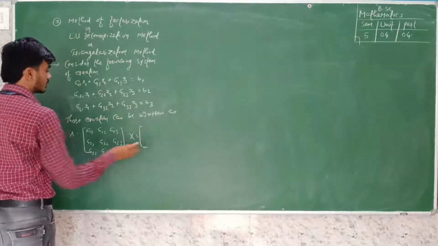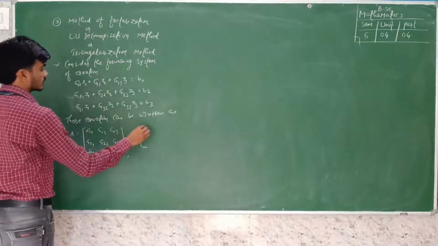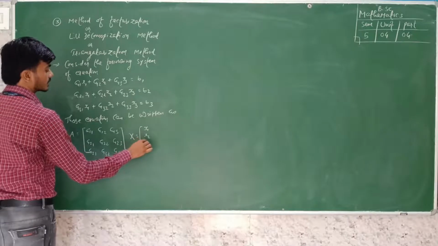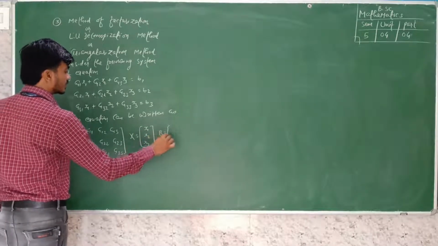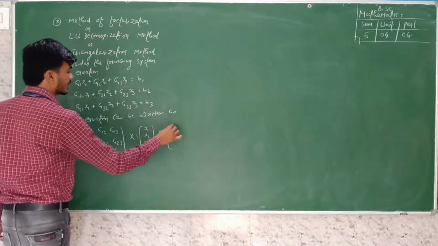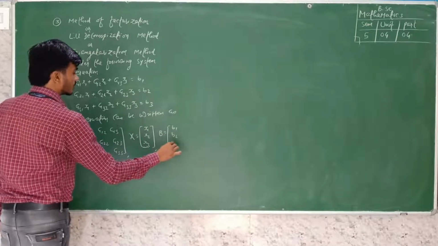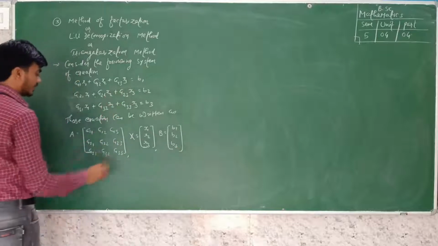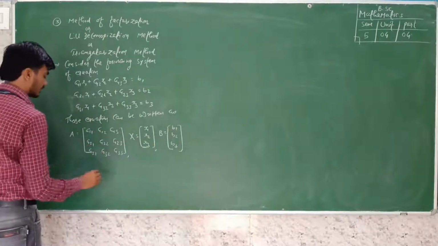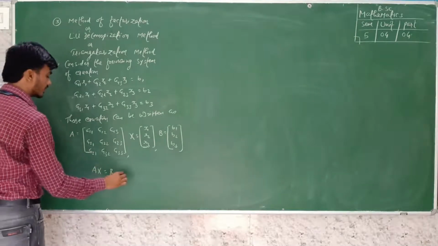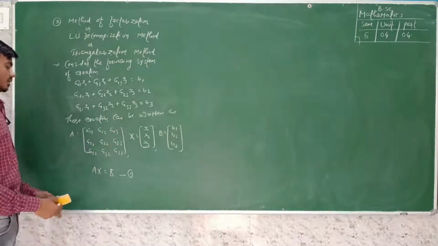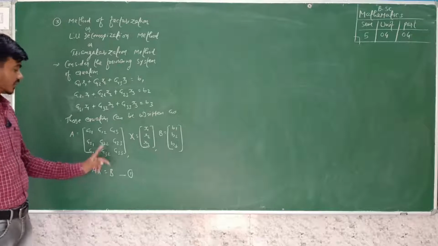X is equal to the 3 unknowns, x1, x2 and x3, and B is equal to b1, b2 and b3. So this can be written as AX is equal to B. Suppose this is equation number 1.